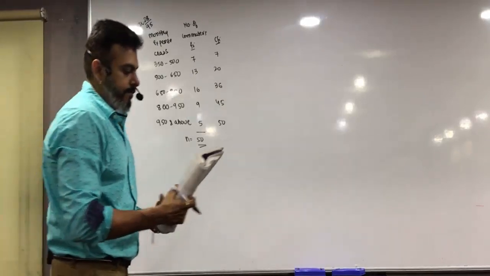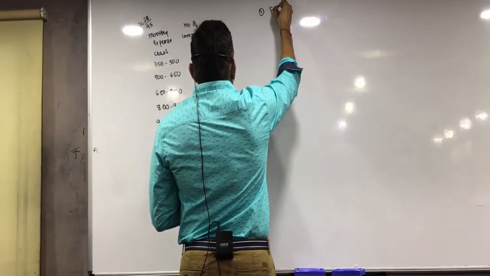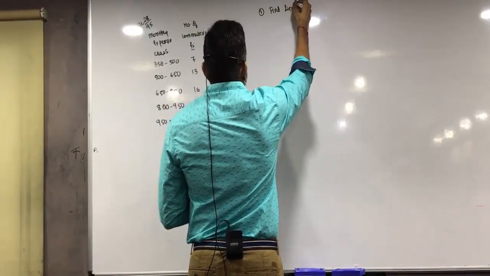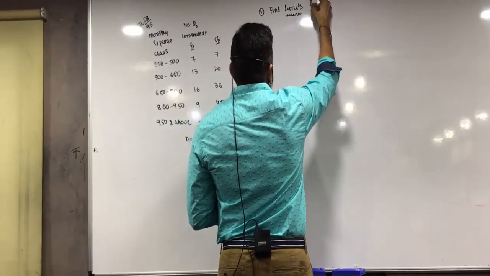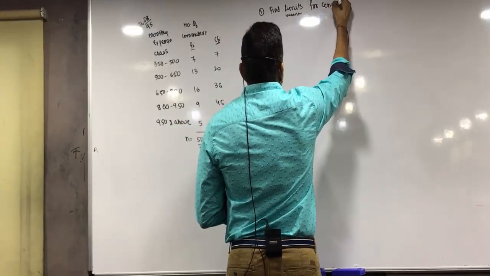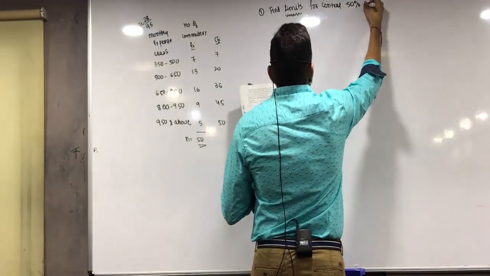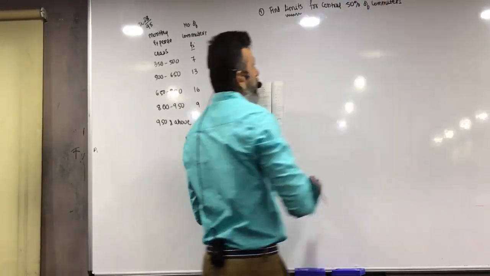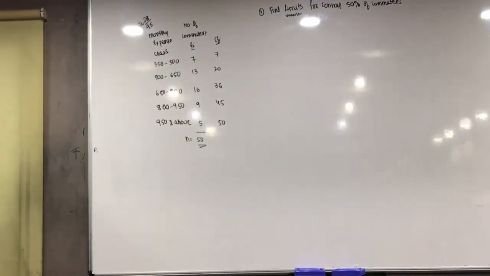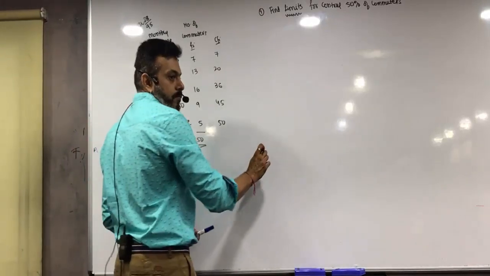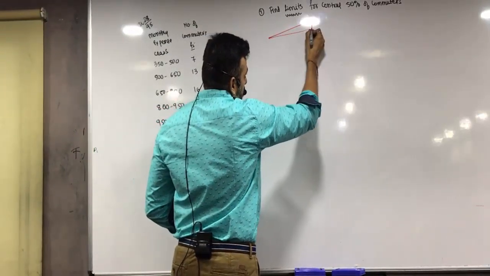Now first, we have to find limits. Find the limits for the central 50% of commuters. What does it mean? Pay attention. We arrange our data from minimum to maximum.